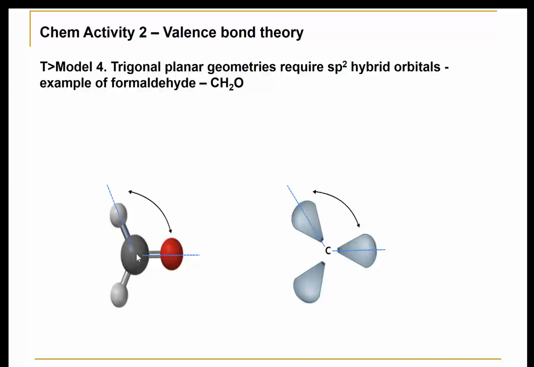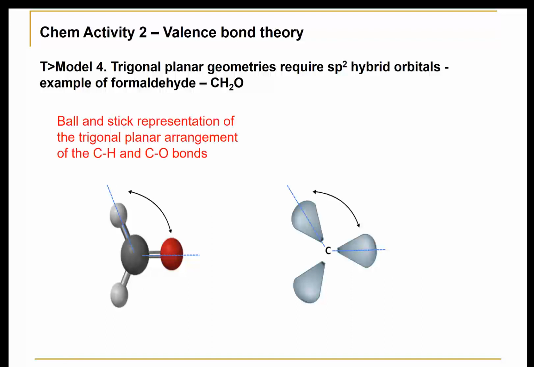So we have the initial ball and stick representation, and we have a sigma bond to a hydrogen, a sigma bond to another hydrogen, and then a sigma bond to an oxygen. This would be a trigonal planar orientation, and the bond angles, as determined experimentally, would be expected to be about 120 degrees.